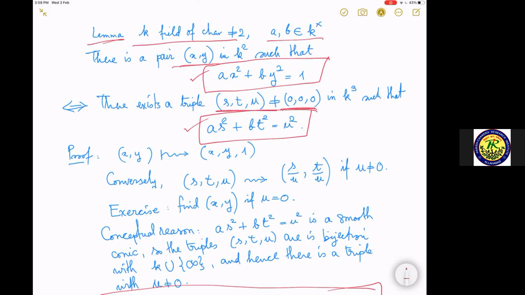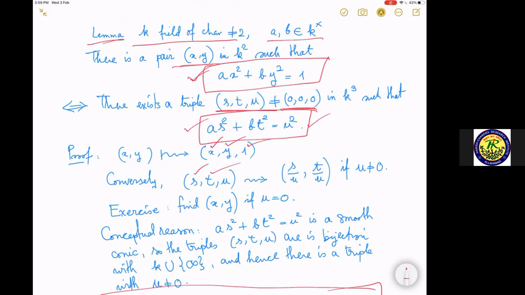Okay. And in one direction, it's absolutely clear. If you have a solution x, y to this equation, then you take s to be equal to x, t to be equal to y, and u to be equal to 1, of course. Then you get a solution to your homogeneous equation.